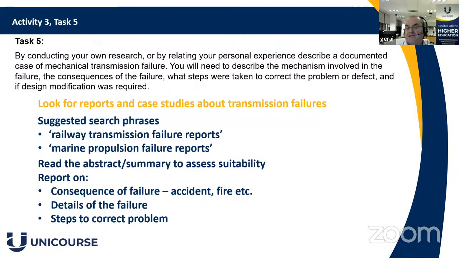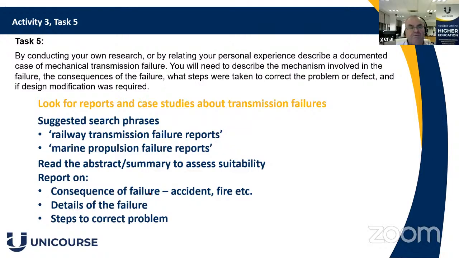And then the last thing is what steps were taken to correct the problem. So was it a redesign, or was it just to change operating procedures so that the failure wouldn't occur again? So that's what I want you to have a look at. That's the way you should try and report on task 5.